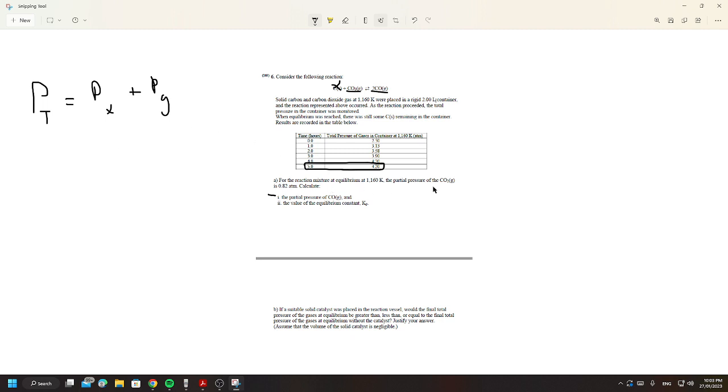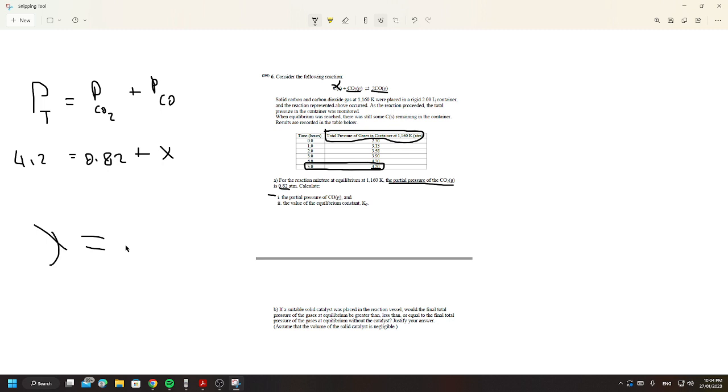They gave us the partial pressure of CO2, which is 0.82 at equilibrium, and they want us to find the partial pressure of CO. We don't know this, so plus x equals the P total. P total we can get from the table here. It says total pressure of gases in container, so we look at the value here, 4.2. So 4.2 equals 0.82 plus x. So x is equal to 4.2 minus 0.82 to give 3.